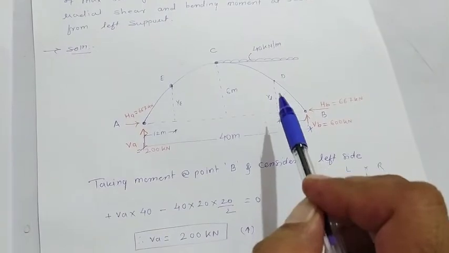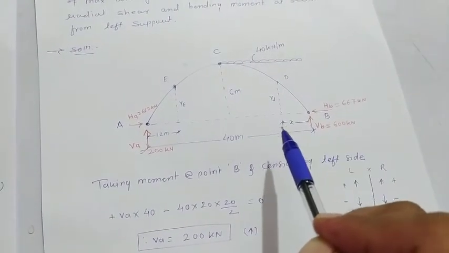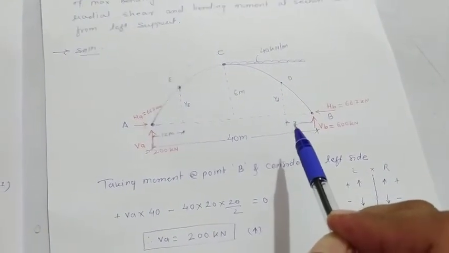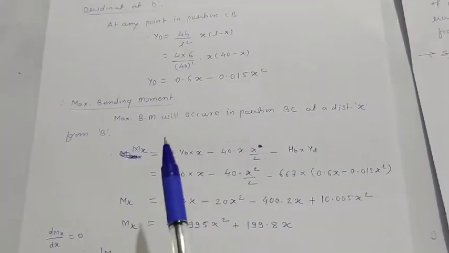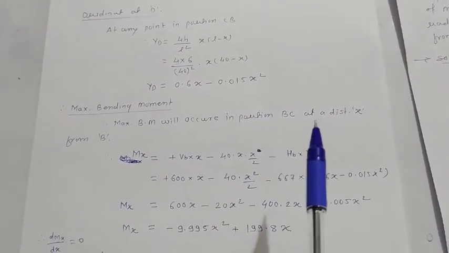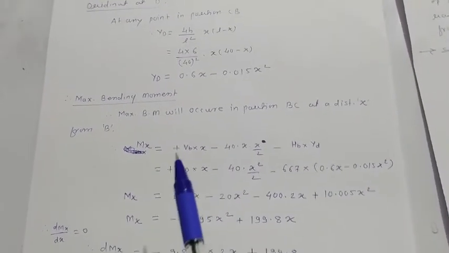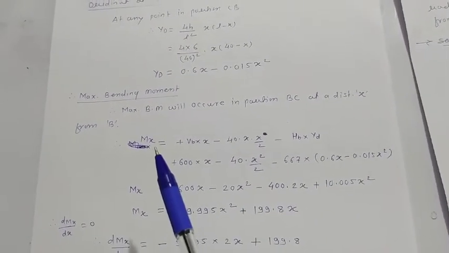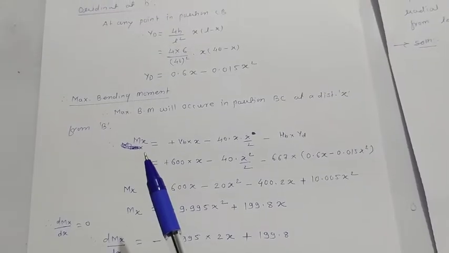So first we will find the position of maximum bending moment, let's say x from B. So maximum bending moment will occur in portion BC at a distance of x from B. So take the moment at point D. So let's say Mx.